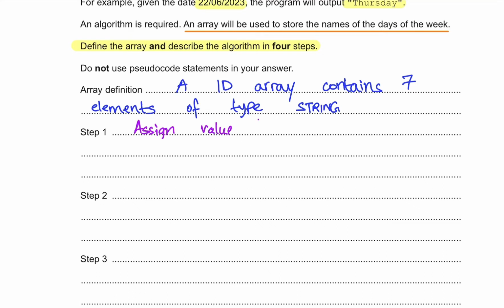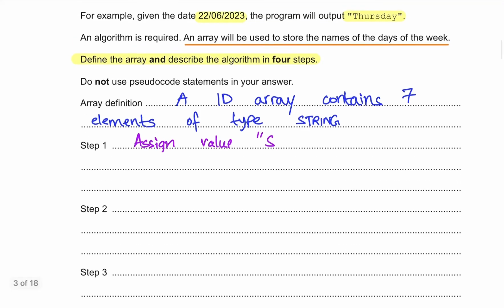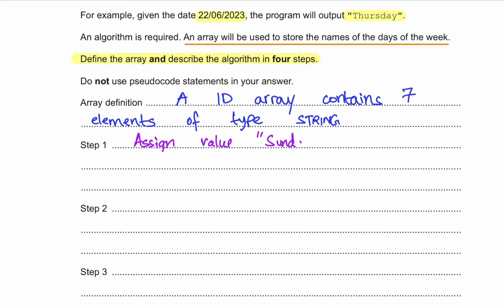Value in the string, you have to write Sunday. There are 7 elements. So the first value will be assigned to the first element, Monday to the second.